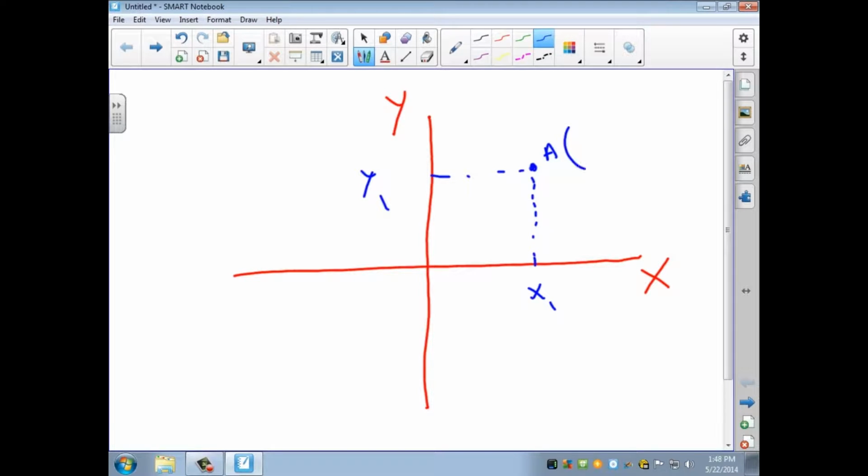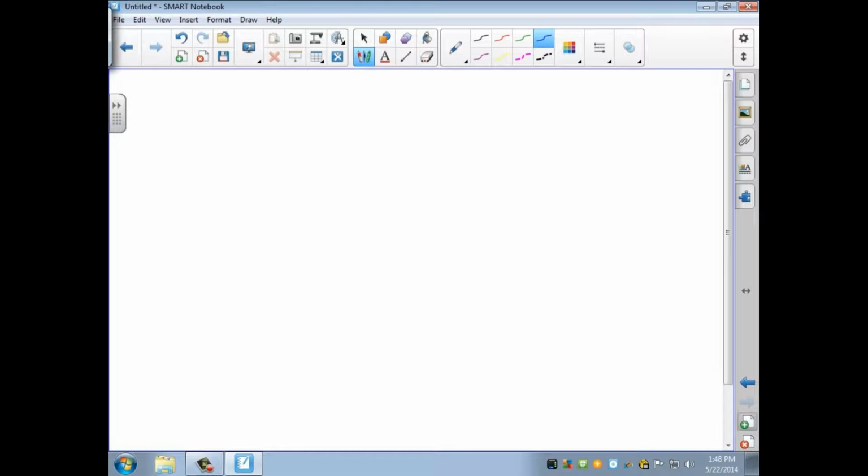So A has coordinates of x1 and y1. So if you give the coordinates of a point, you can identify where it would be on the flat surface. So that is the Cartesian coordinate to begin with.